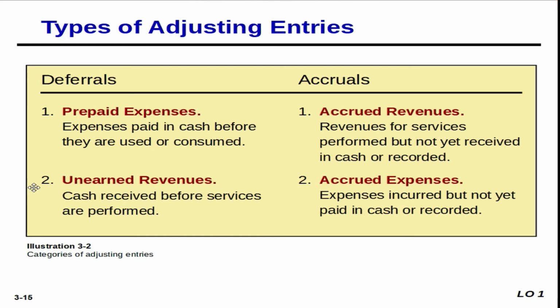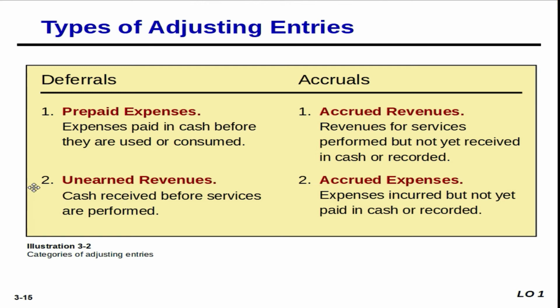Weird, huh? But they're prepaid expenses. So in this case, you haven't used them yet, but you paid in advance, right? So you postponed the use or consumption of this expense.